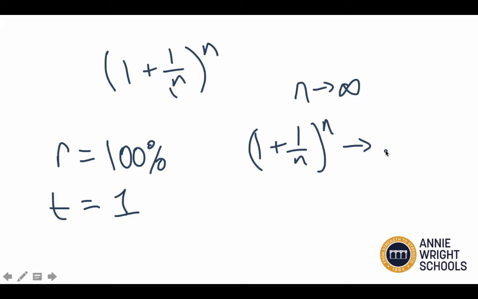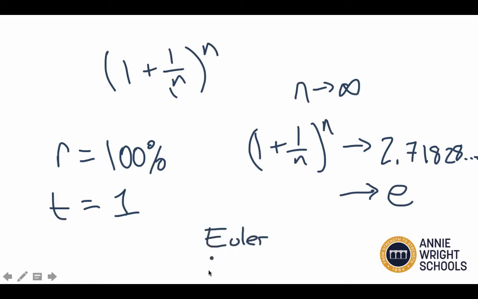And that value was something around 2.71828, blah, blah, blah, goes on forever, no distinct pattern. He realized this was an irrational number, and being the vain mathematician that he was, he gave it a name like we gave pi a name, except this one he named after himself. His name was Euler, so that's pronounced Euler. It's German, and he named it e after himself.